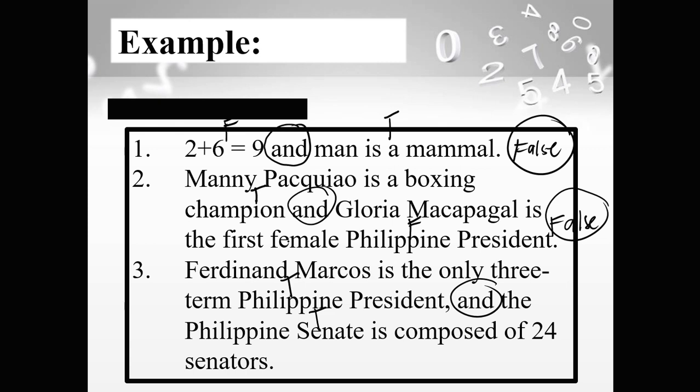Your final answer will be, ayan, according to the rule of the conjunction, both statements are true, then the whole statement po will always be true. Ayan. So, ang tatandaan nyo lang po kay conjunction, kay and, na may symbol na arrow up. Kapag parehong true, the final answer will be true. The rest po will be false.